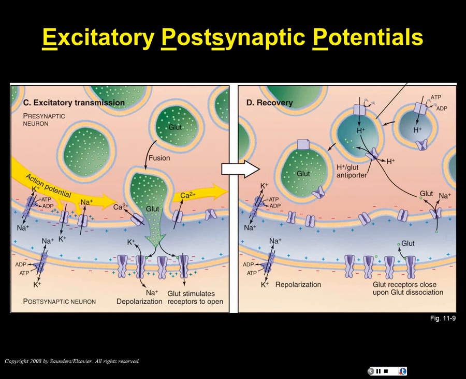Here's an alternative image illustrating, in the presynaptic cell, how calcium triggers the release of our neurotransmitter. In this case, we can see the neurotransmitter causes sodium to flow into the postsynaptic cell. What is the effect of sodium flowing into a cell? It depolarizes.